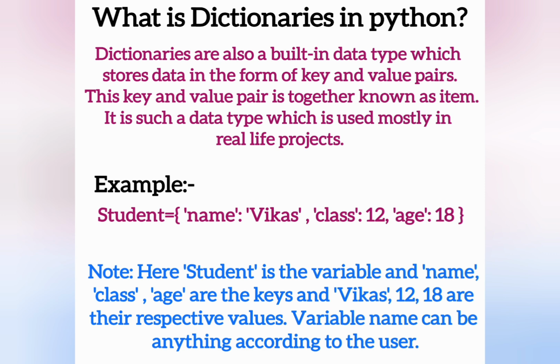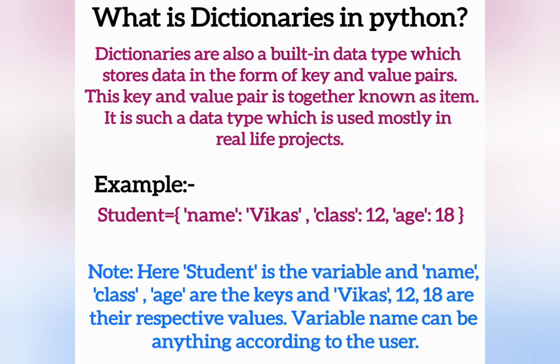Every element will have a key and a value, and keys can't be repeated. We can't make duplicate keys. A dictionary can't have two same keys. Keys are always different, but the values can be the same. Two different keys can have the same value, but two values can't have the same key. So keep this in mind.